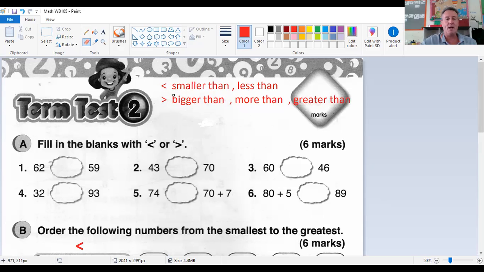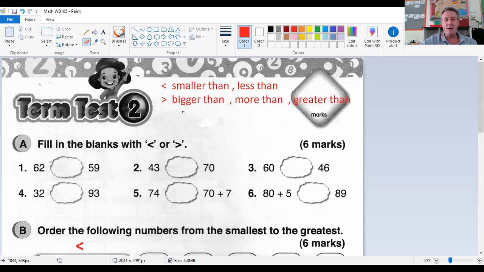So if we see a question and it says smaller or less than, we know it's this one. And if we see the bigger than sign, we know that means bigger than or more than or greater than.